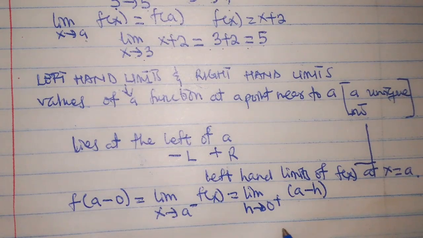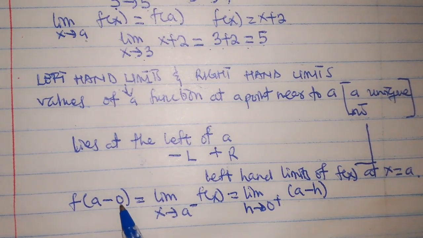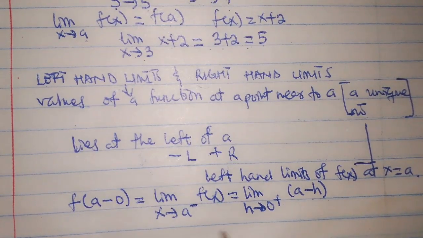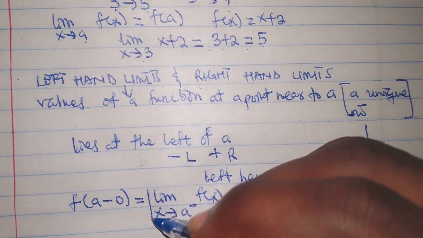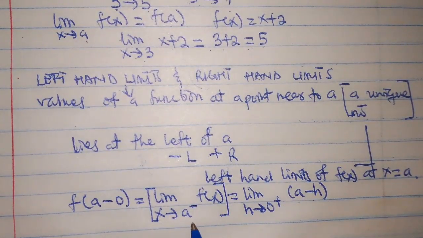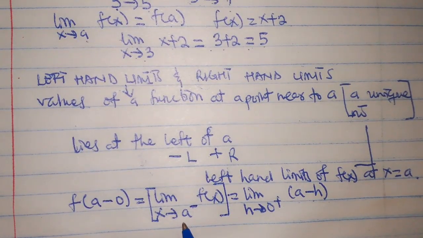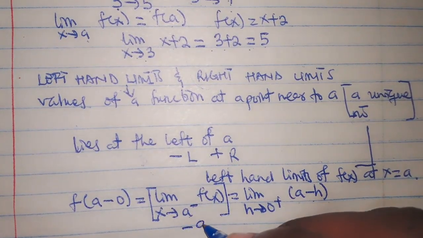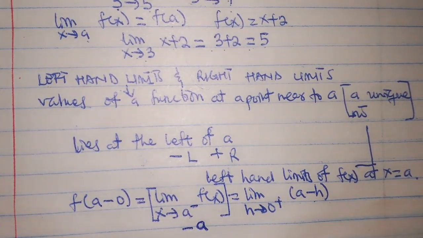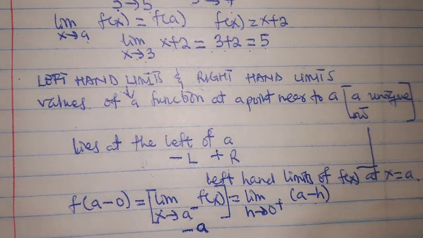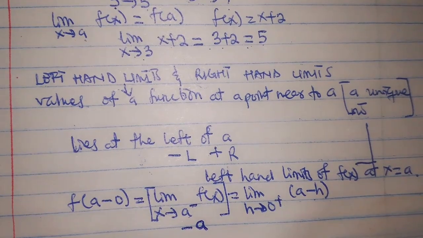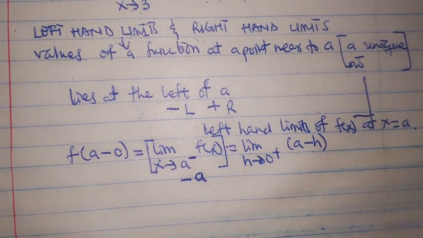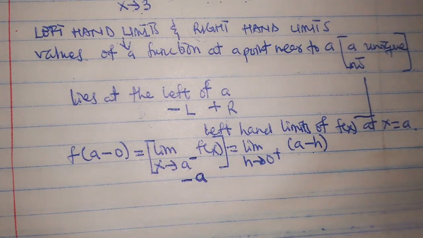We know that a minus 0 is the same as a, but we wanted to compare this to the last one here. So this is the actual way the left hand limit is represented. Values close to a from the left. This a to the power negative is the same as negative of a.